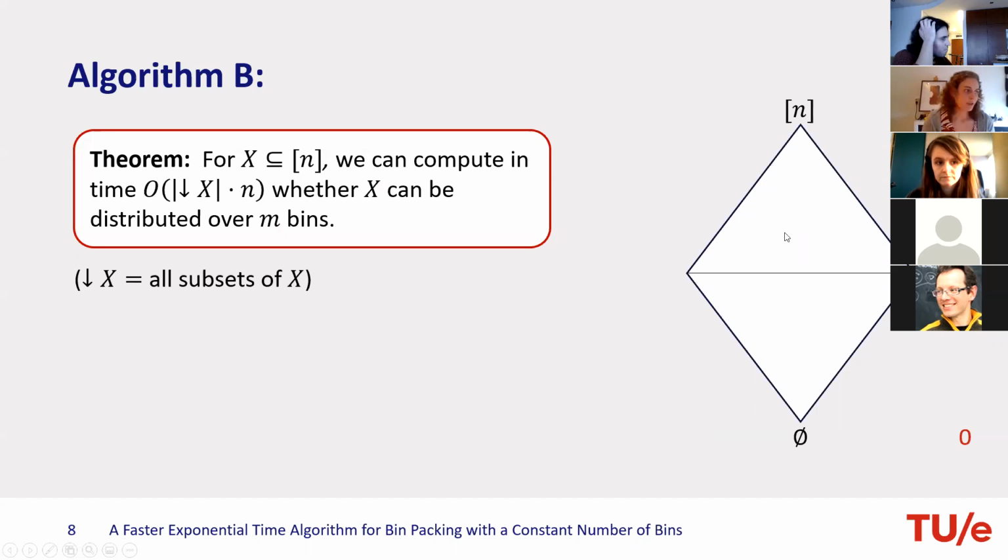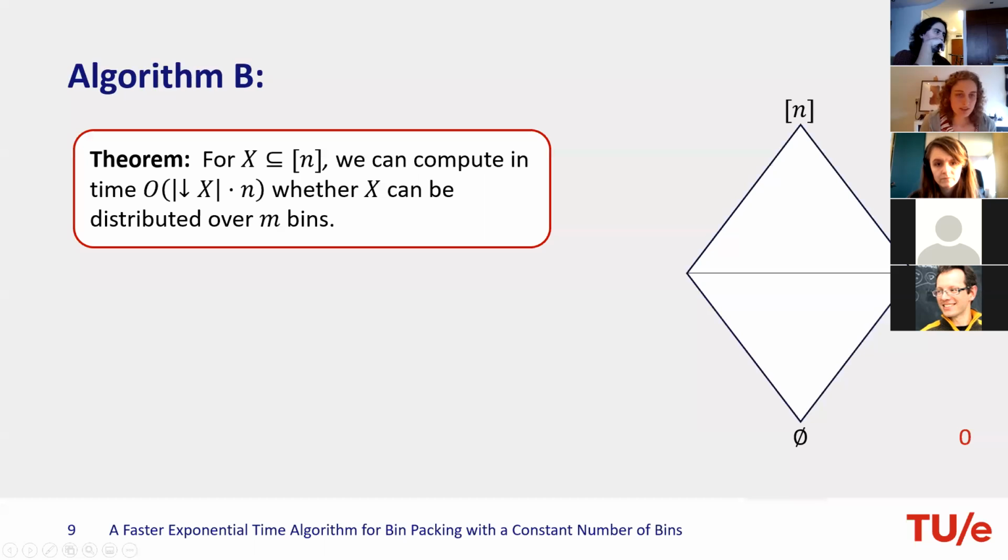Okay, so the theorem that we're using is that for X, a subset of the items, we can compute in time relative to the down closure of X, which is all the subsets of X, whether X can be distributed over n bins. So if we take an X here, and this is its down closure, so all the sets that are a subset of it, then in time relative to this down closure, we can compute whether X can actually be distributed over n bins.